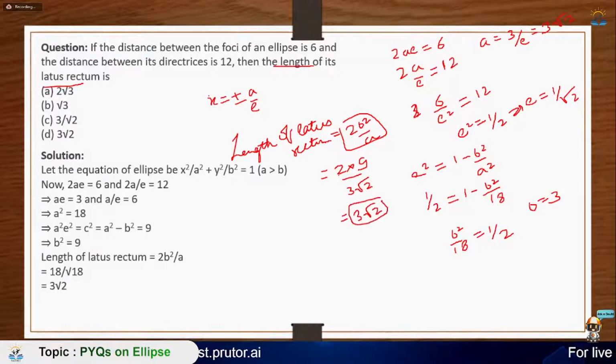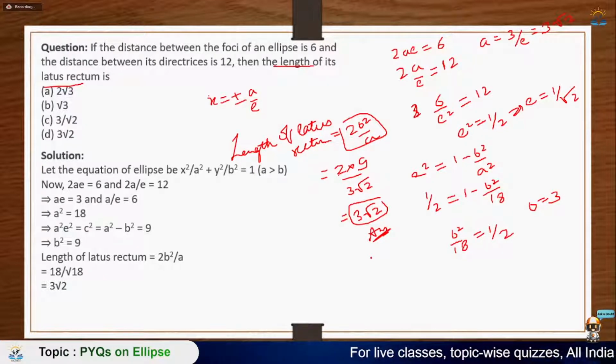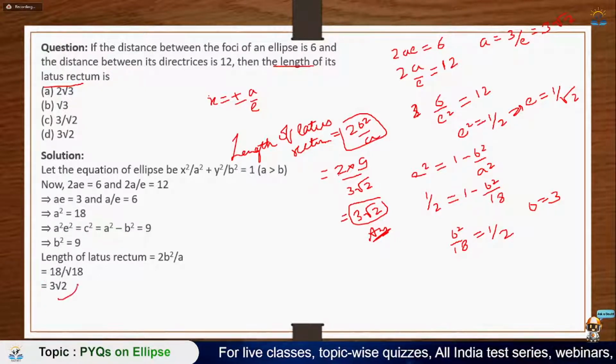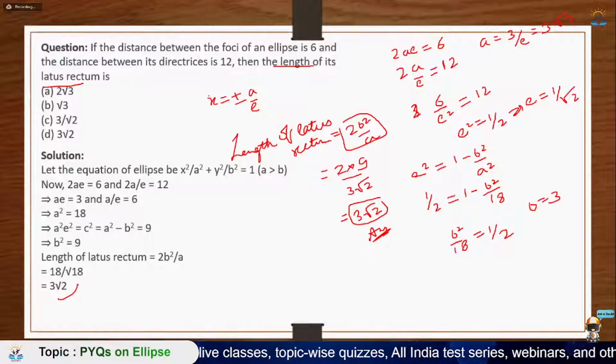This is my final answer to this question. So this was the length of latus rectum in this case. So I hope you got it. So let's move ahead.